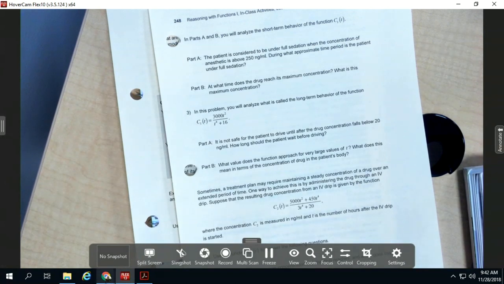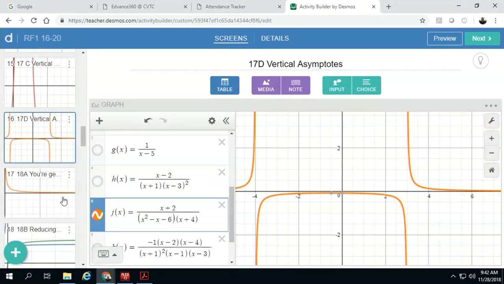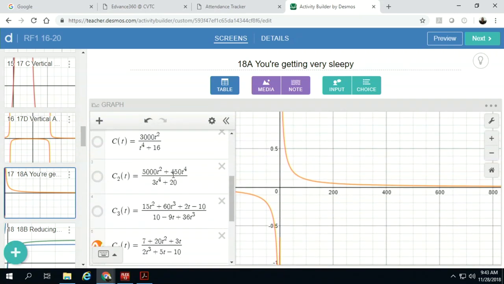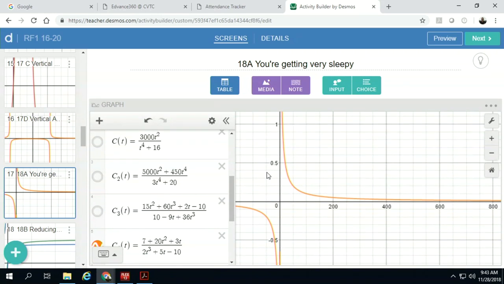Yeah. So on our graph here, they say 300 t squared over t to the fourth plus 16. And then it says when the anesthetic is above 250 nanograms per deciliter.